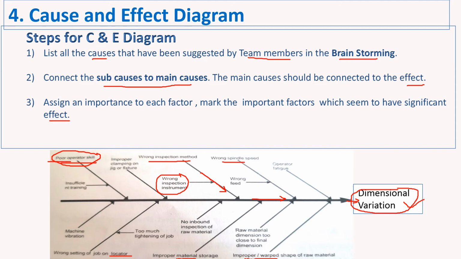Then draw the diagram and look for the root causes. If poor operator skill is a significant factor, then insufficient training may be the root cause. Or if a wrong spindle speed is the significant factor, then wrong feed could be the root cause for dimensional variation. That is the way we do the cause and effect diagram.